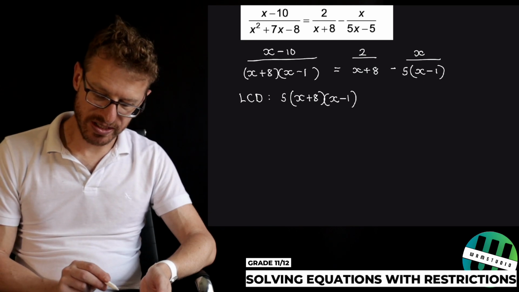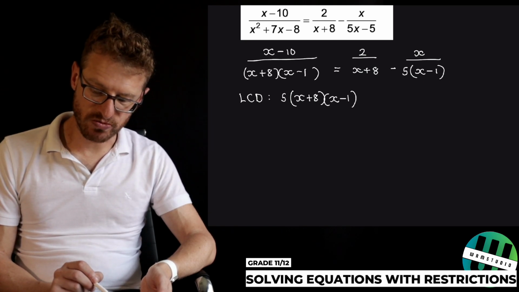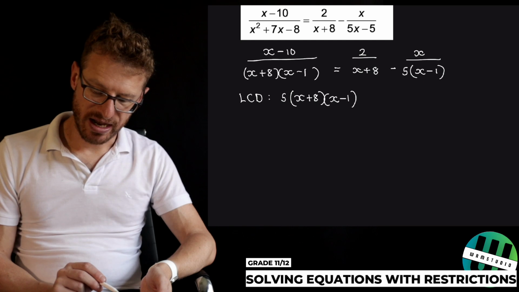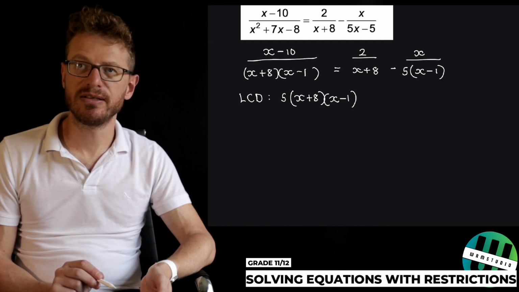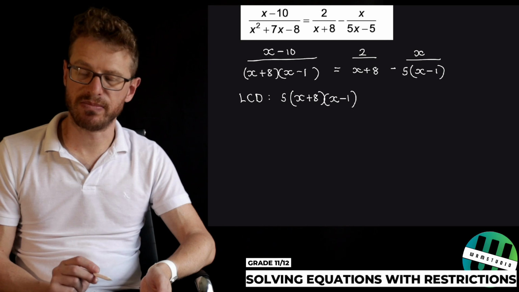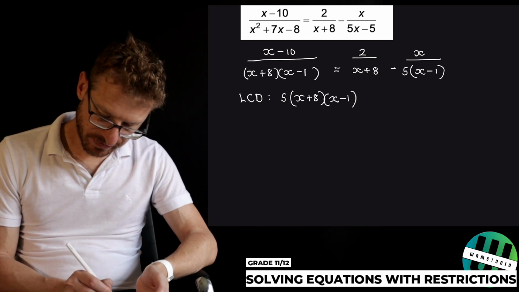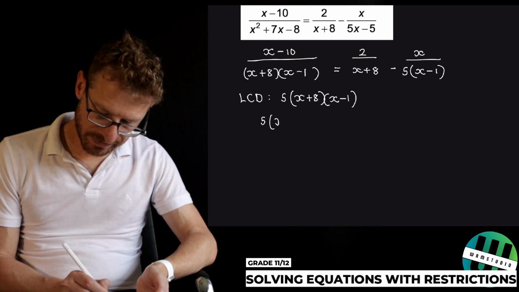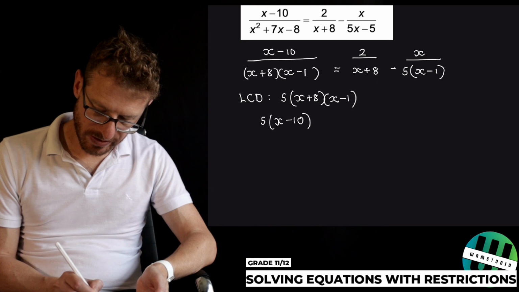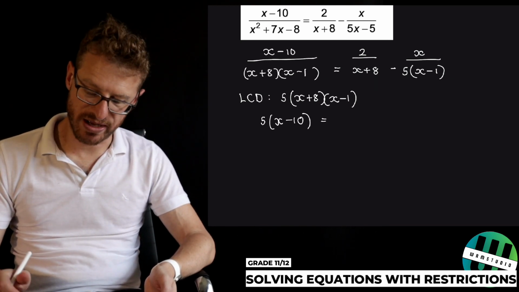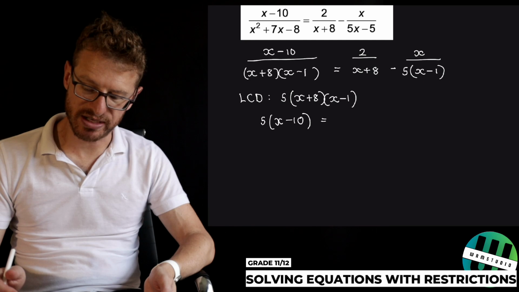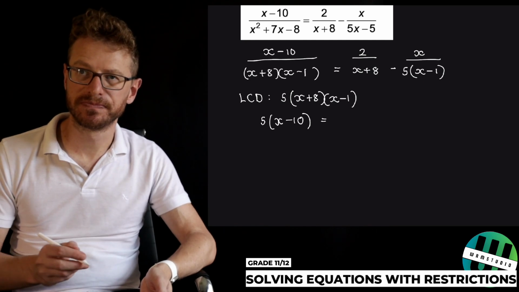Since we've got x plus 8 and x minus 1 on the left-hand side, I've got most of my LCD already done. So all I need to do is then multiply by 5. For the right-hand side, I only have x plus 8, so I'm going to have to multiply by x minus 1 and 5.